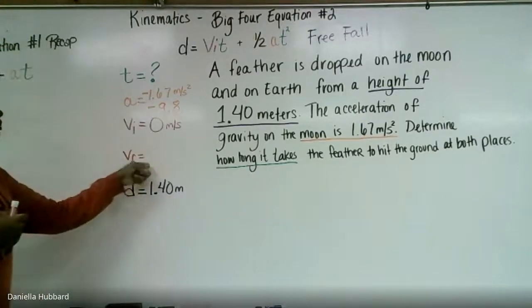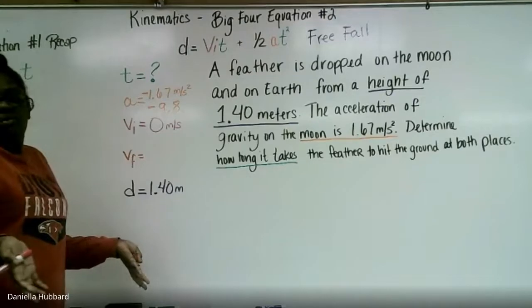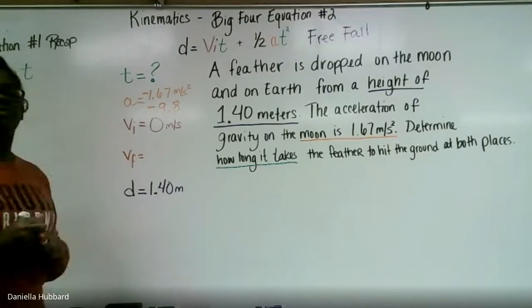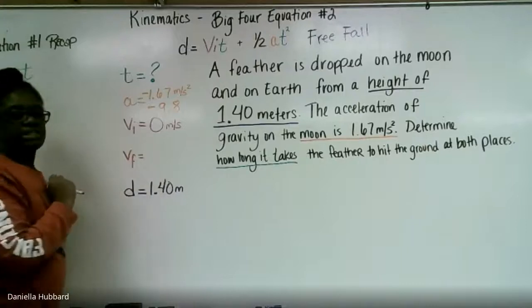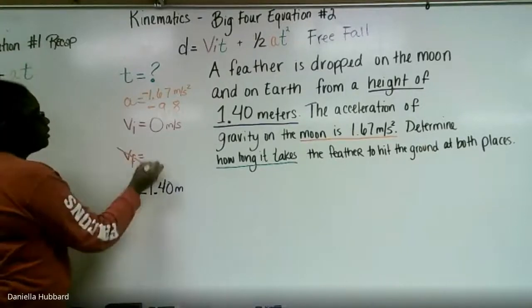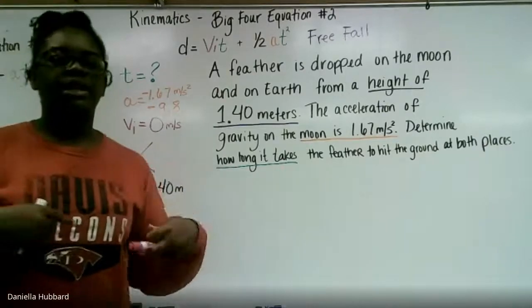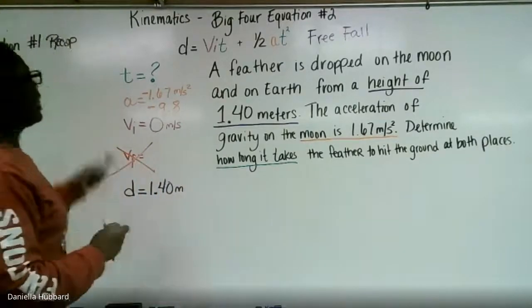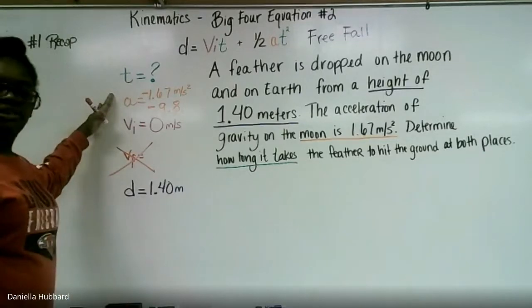The only variable that we are not considering is final velocity. So since VF is left blank and alone, it won't be considered. So hopefully by now you're picking up on a pattern: out of the 5 variables, 4 of them would be considered.